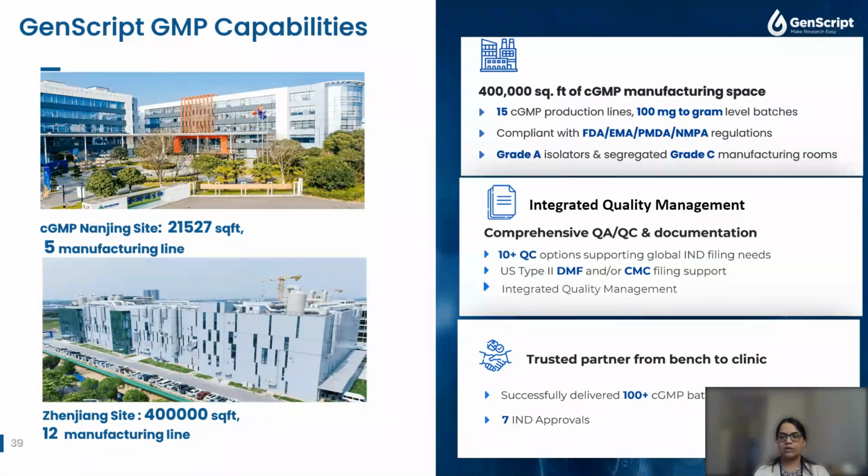And our integrated quality management system also supports the IND filing, and we are providing 10 different QC options to meet the global IND filing requirements. So our comprehensive phase-specific CRISPR gene editing solution offers flexibility to support your project at any stage and with the compliance of the FDA, EMA, or NMPA regulation.